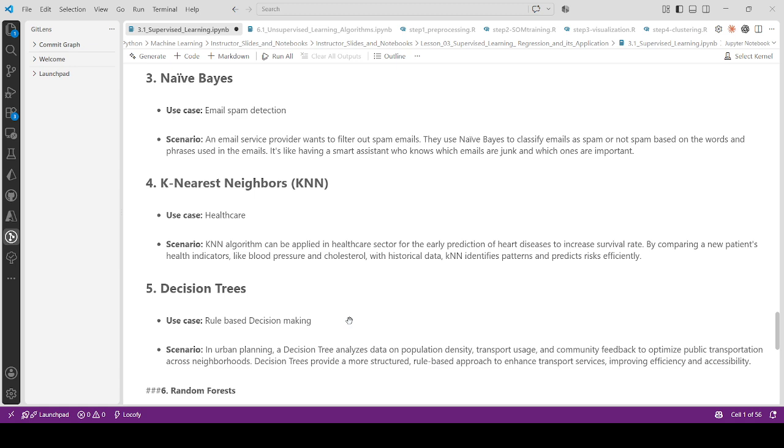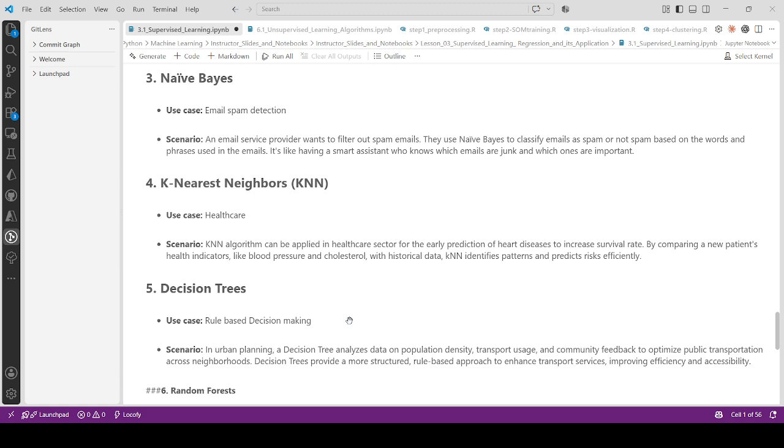The Naïve Bayes classification, based on the Bayes theorem of statistics, deals with conditional probability. We will see it in more detail as well, but again it is good for classification problems.